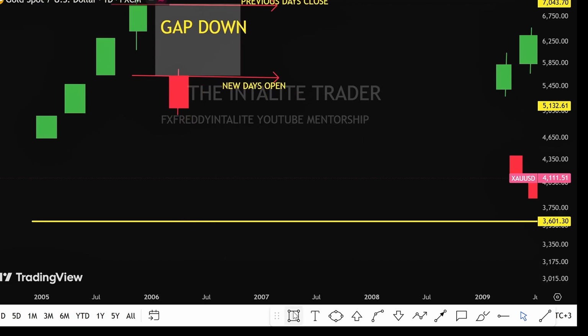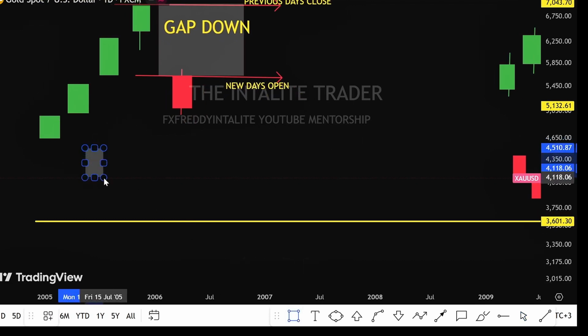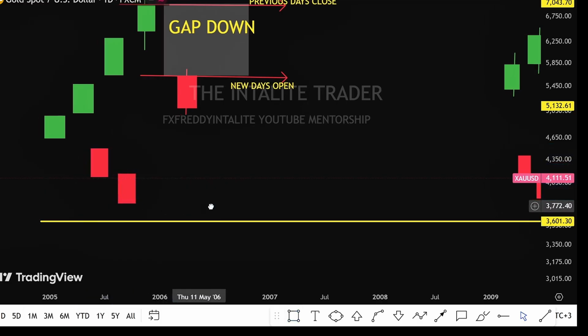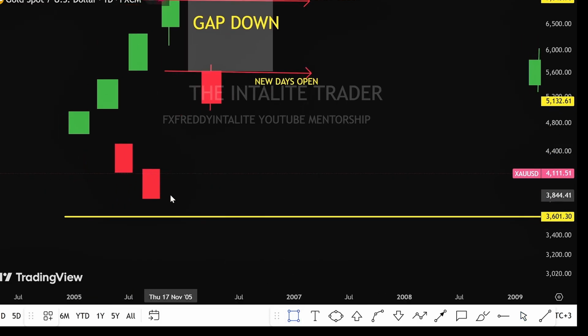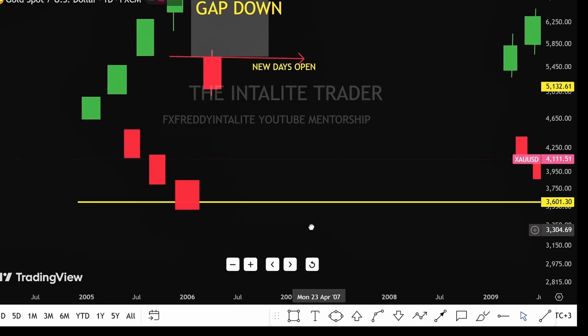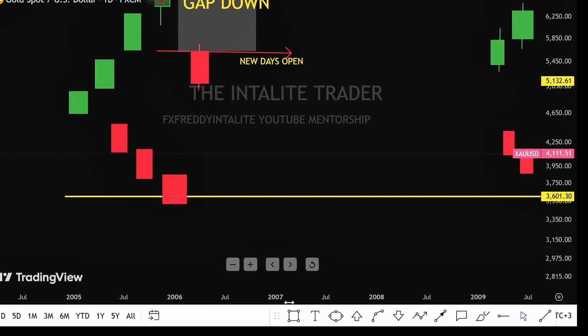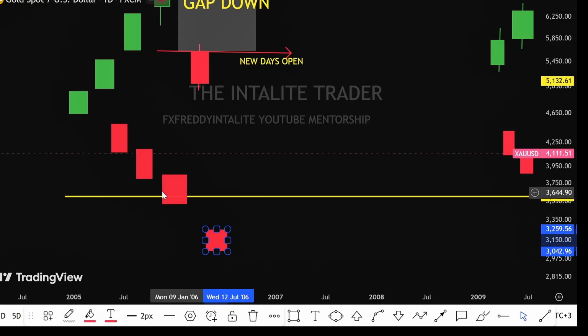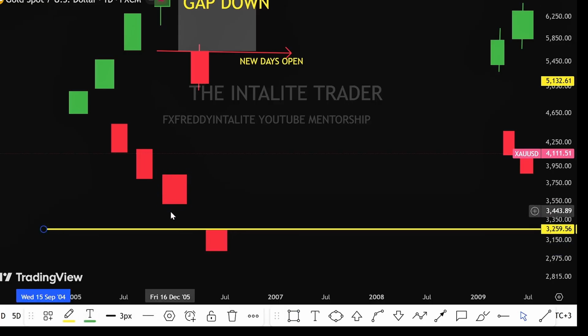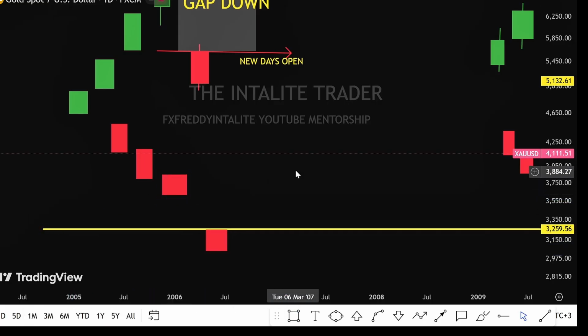Let's say price is pushing lower and lower and lower, and then the next day you find price has gapped down into a key level when price was still up here.